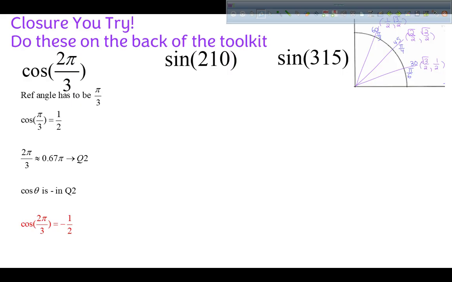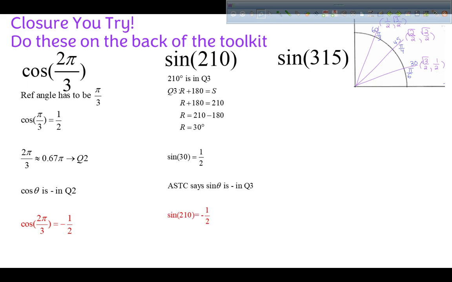It was just a matter of is it a positive 1/2 or a negative 1/2, and that comes from what quadrant this is in. I know that 2/3 is 0.67. So I was thinking, where is 0.67 in relationship to 1/2 and 1? It's right in the middle, which made this fall in quadrant 2. Cosine is negative in quadrant 2, so my answer is negative 1/2.